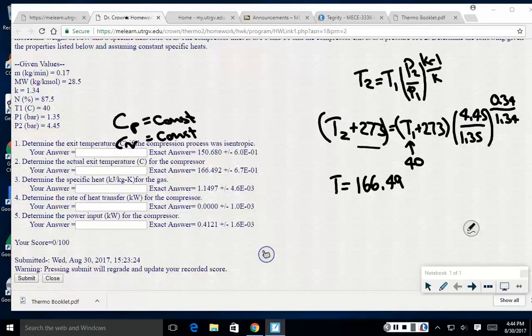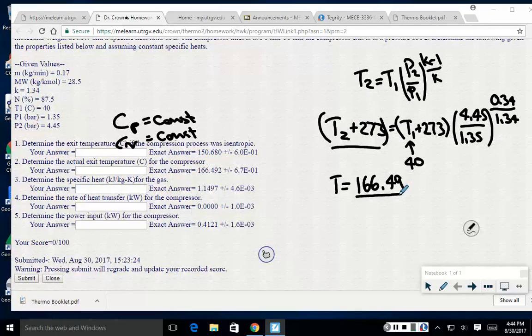Of course, when I solve the right-hand side, it will be 273 degrees larger than that because it's in Kelvin. So after I calculate the right-hand side, I'll subtract 273 from it, which should give me this.